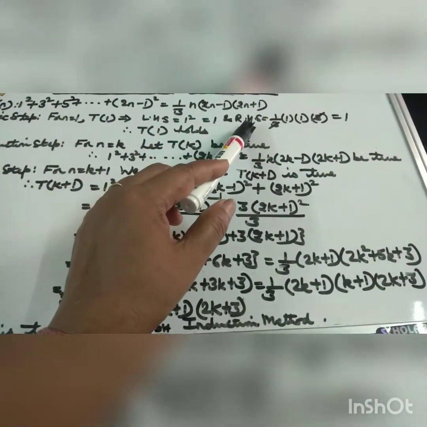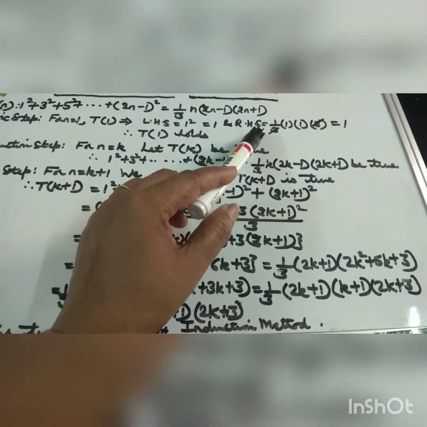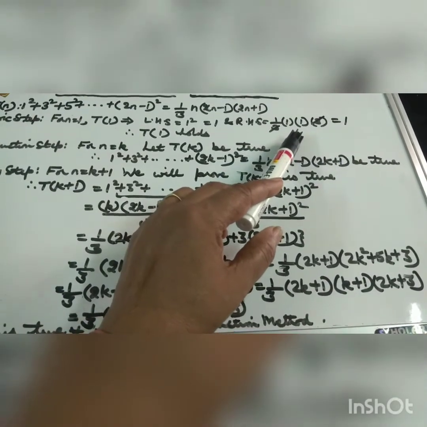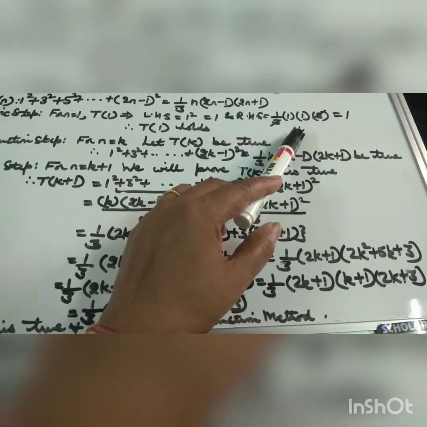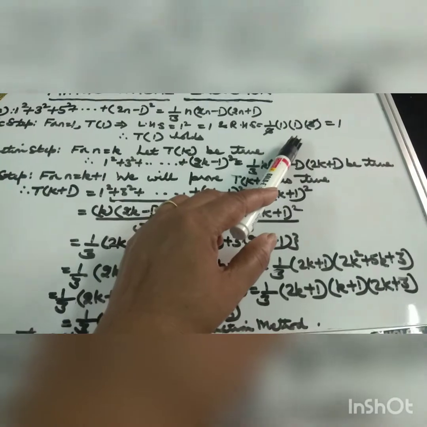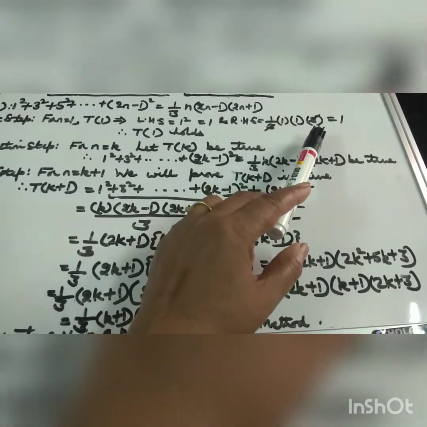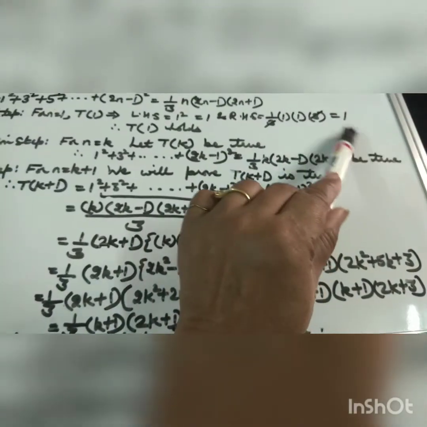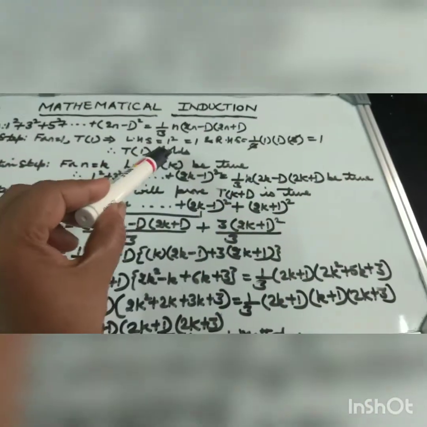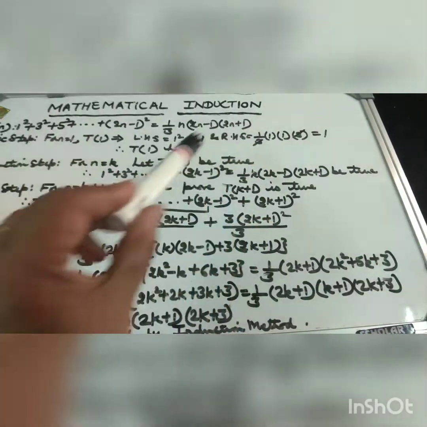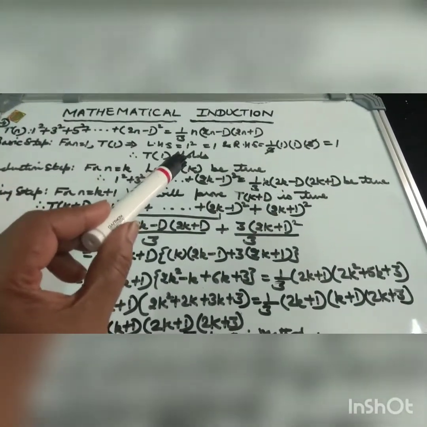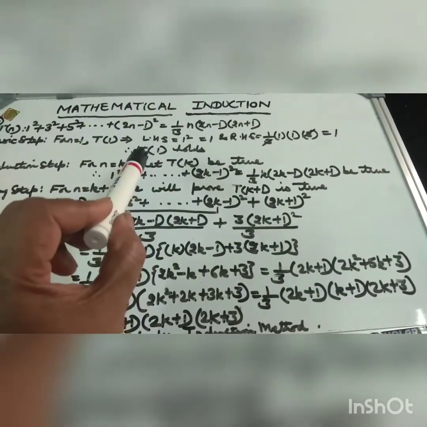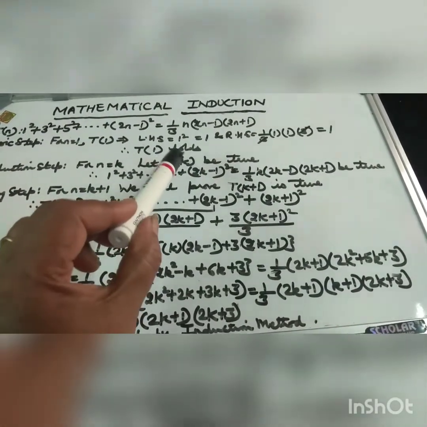Now right hand side will be equal to 1 by 3 into 1 into 2 into 1 minus 1, that is again 1, and 2 into 1 plus 1 will be 2 plus 1 equals to 3. So 3 and 3 gets cancelled and right hand side is again 1. Hence left hand side is 1, right hand side is 1. Hence basic step, that is the statement is true for n equals to 1. We write T1 holds or T1 is true.